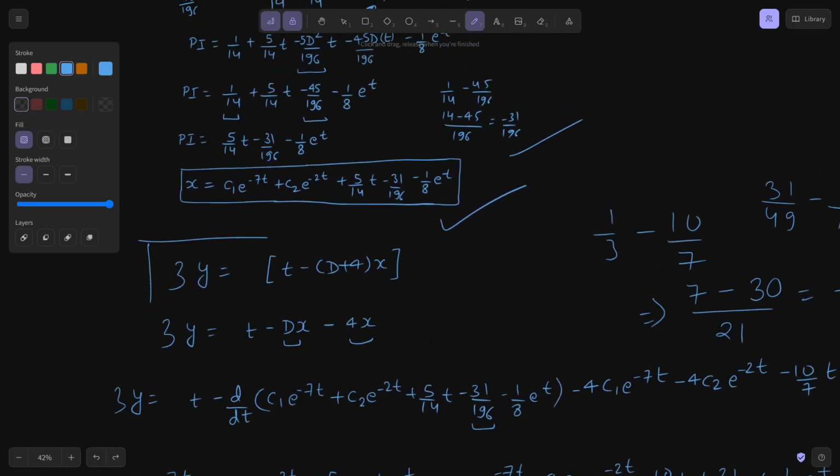Here you put the value of x which you have obtained and just differentiate. The value of x was in terms of t, so differentiate with respect to t, since D was d by dt, and multiply by 4x, and then you get y, divide by 3 both sides.